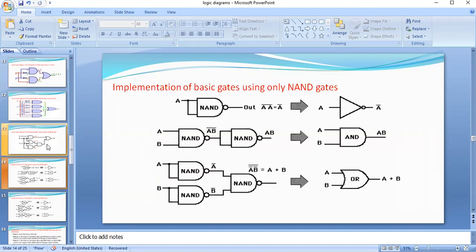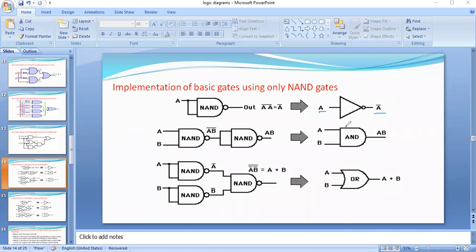See here, if I want to implement a NOT gate using a NAND gate, what is the NOT operation? Input is A, and the output is A bar. So here you may observe we have only one input and only one output.